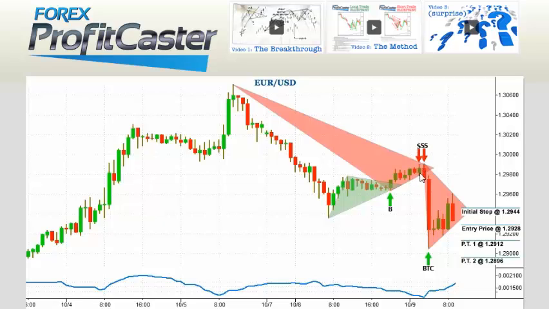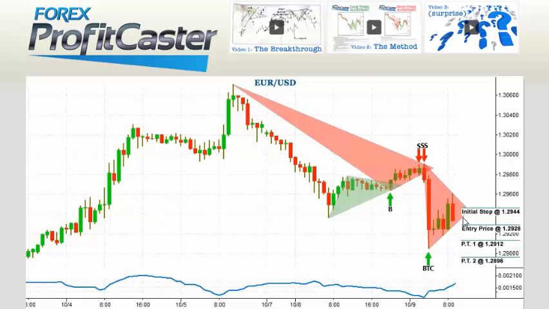Selling here on this green candle, that was immediately followed by this red triangle short setup. It broke out below the triangle on the very next bar, and what a great trade that was. It just dropped like a stone in favor of the trade, and then nothing happened until just now to get short again.